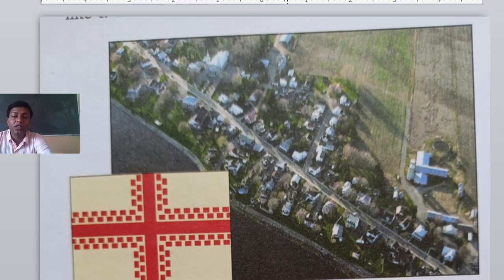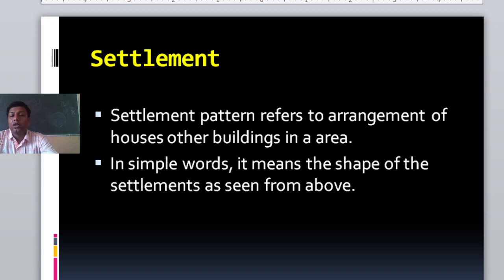Dear students, look at this picture. This is a settlement. Now, what is a settlement? Settlement pattern refers to the arrangement of houses and other buildings in an area. Dear students, you live in your society, and definitely you find one set of pattern. There are homes, buildings made.